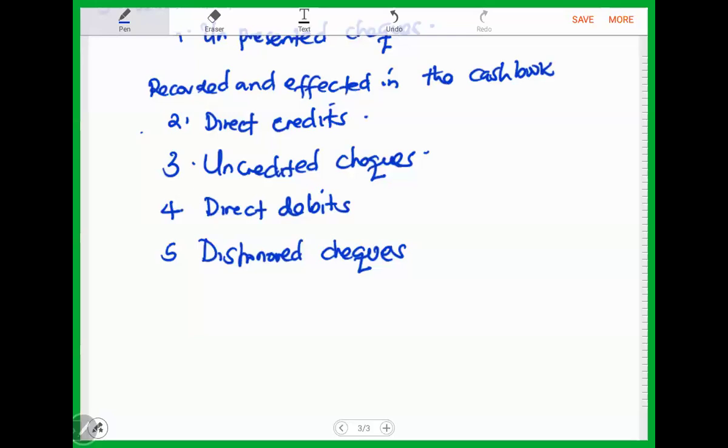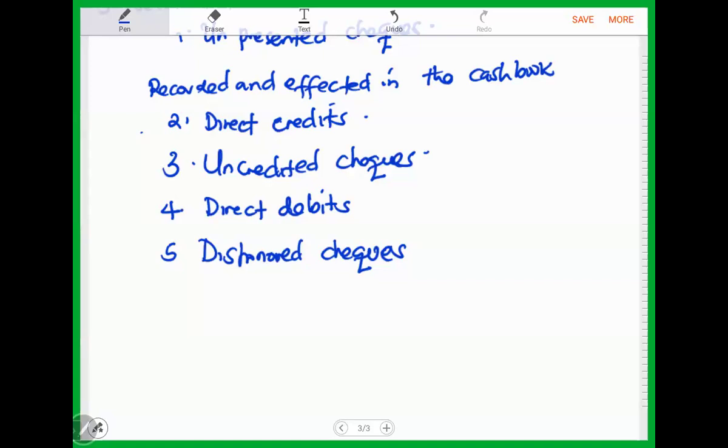So dishonored checks are checks which have been rejected by the bank. Because of differing signatures, a check can be rejected. When we have insufficient funds on the account, that check can be dishonored. When we have a difference between the wording and the amounts in figures, all those are some of the reasons why a check might be rejected.